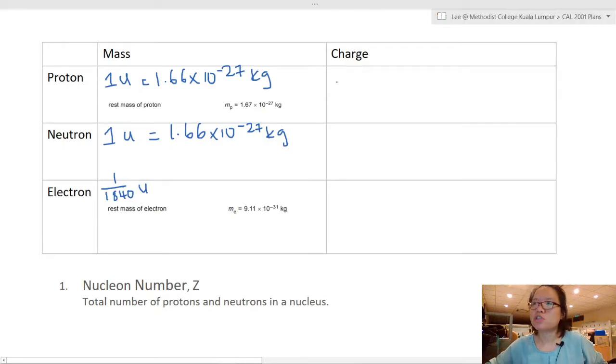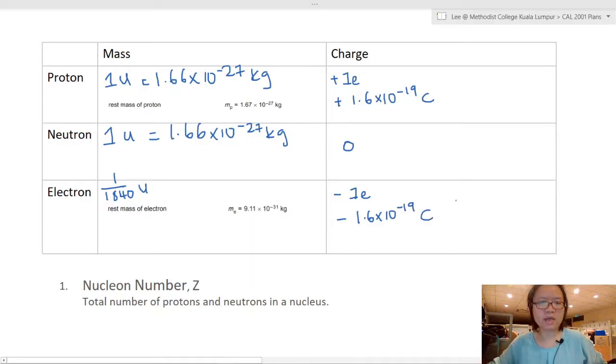Alright, so this charge is positive 1e, but we much prefer in physics to also know the value of e, the electronic charge. Okay, this is obviously determined experimentally. So this one is negative 1e, so negative 1.6 times 10 to the power of negative 19 Coulomb.